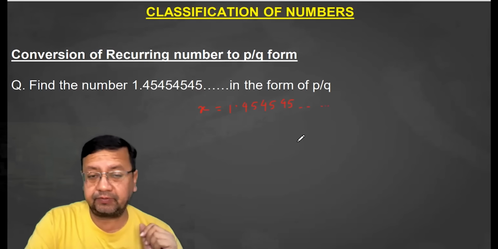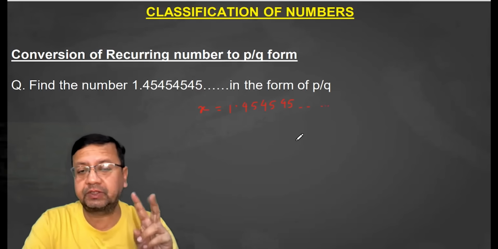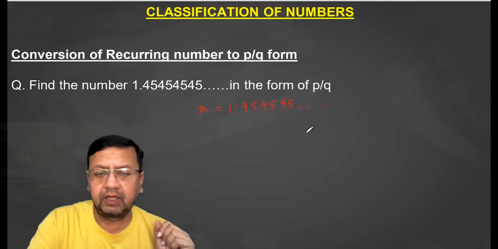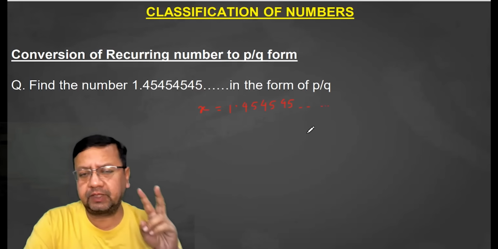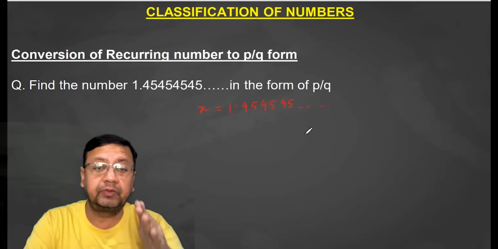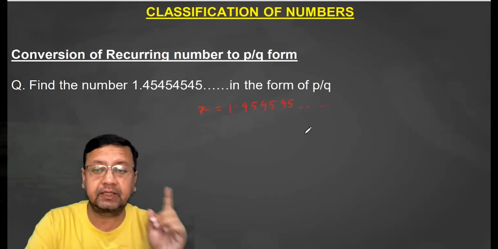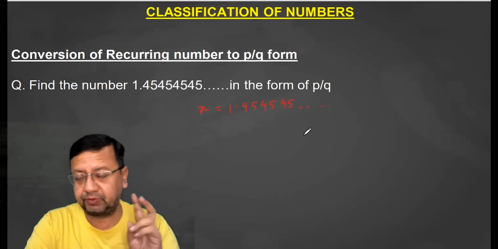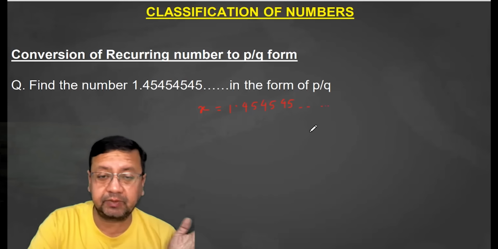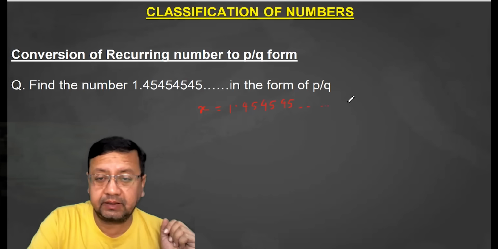Now, in this, if you notice, there are two digits, 4 and 5, which are repeating multiple times, right? So what we do, whatever the number of digits which are repeating, take those digits before the decimal exactly once. So you have two digits, 4 and 5. You want to take these before the decimal. So I can say this is my equation number 1.